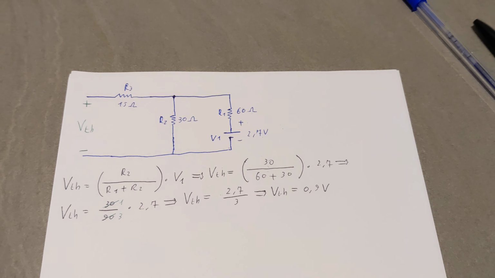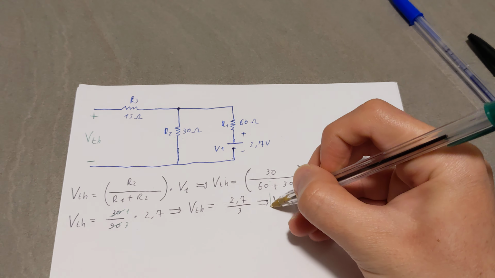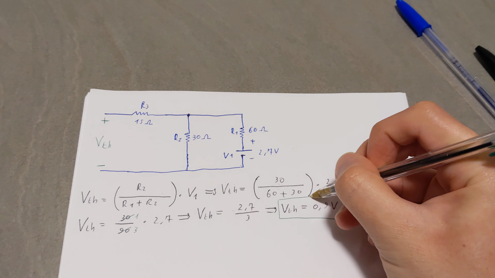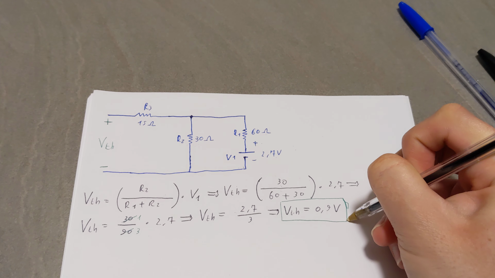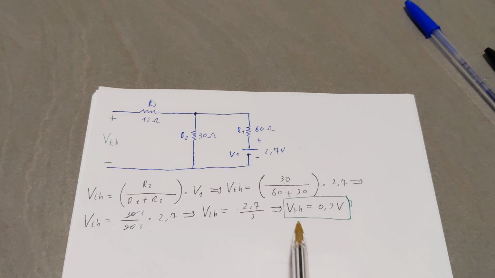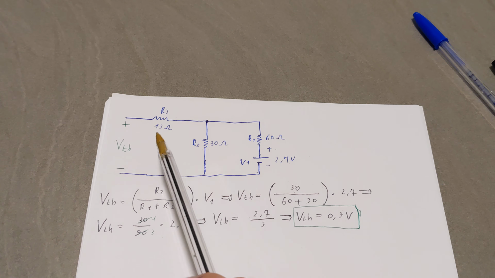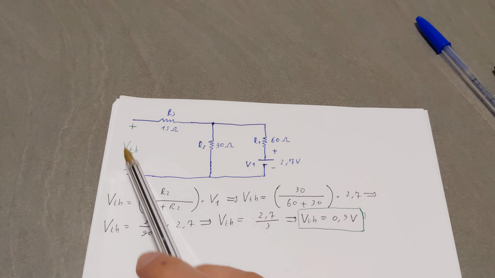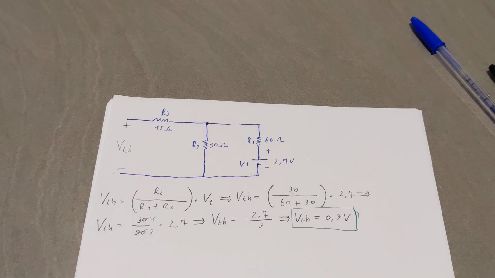And this is our final answer. So the Thevenin voltage for this circuit at these terminals here is 0.9 volts.